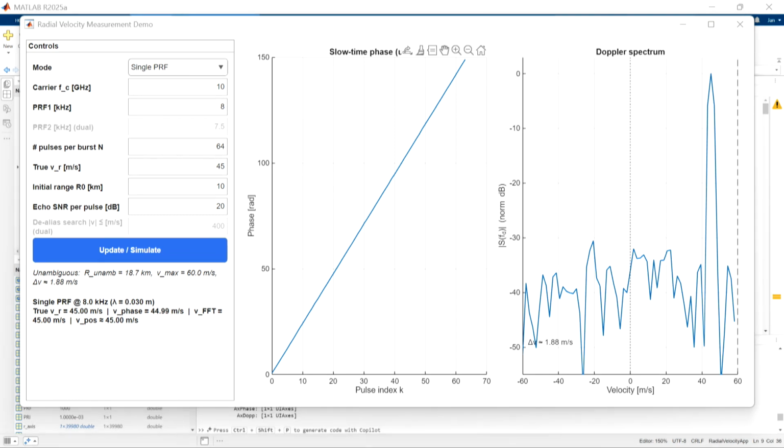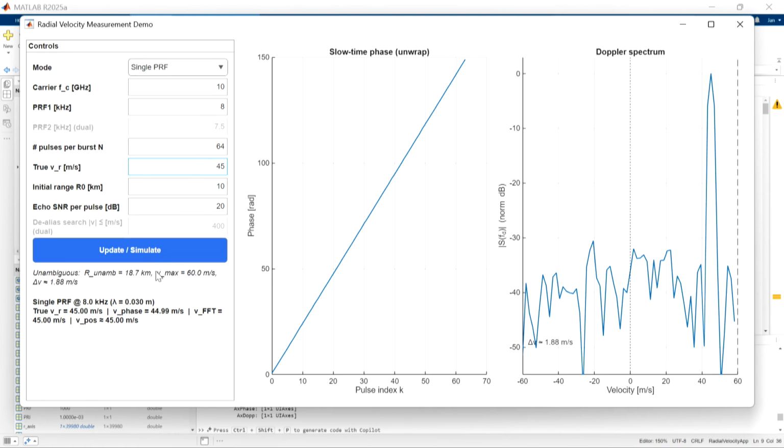So what does Vmax depend on? No, now I just want to show you when good and bad results are produced. It is just default parameters, and I am just changing the true speed of my target.